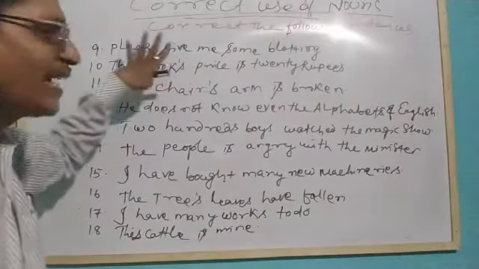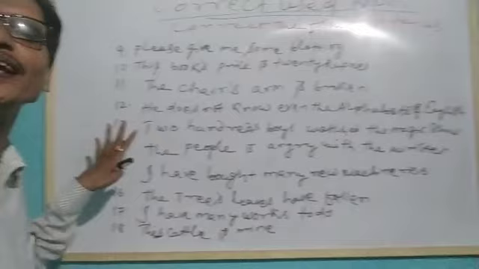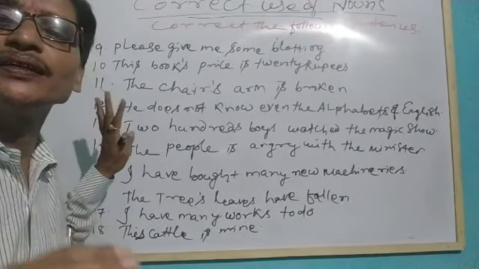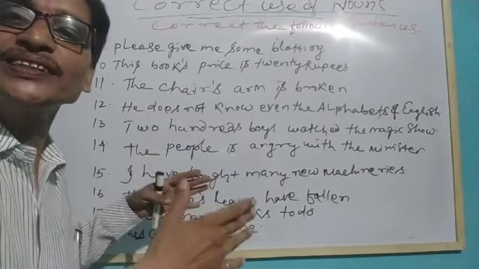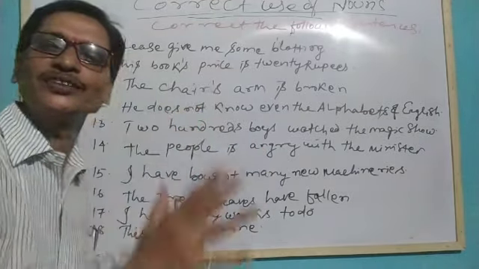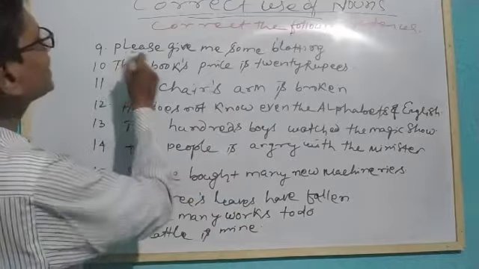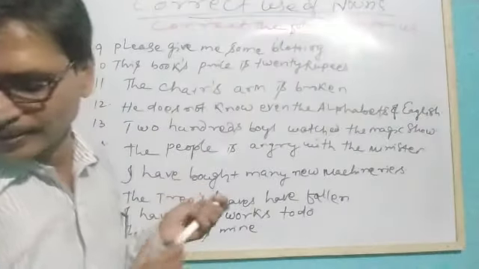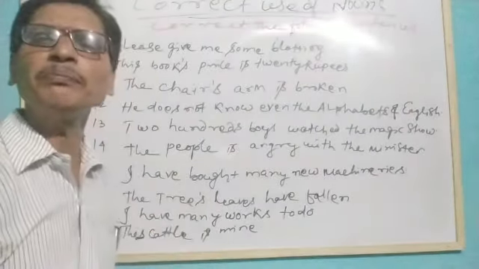Here you see again some sentences have been written in which we will find the errors and correct them as per the rules we understood. You see, please give me some blotting.